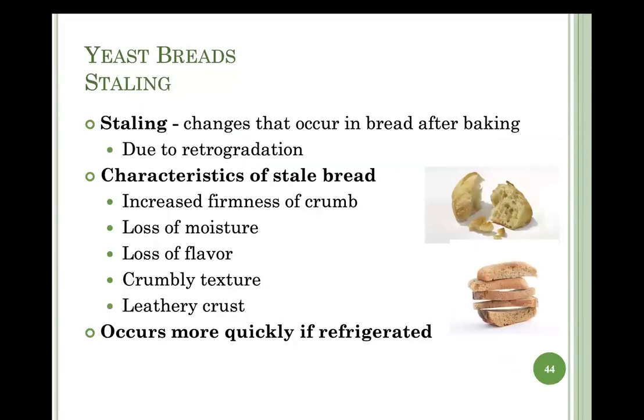I want to keep on going through these. Staling. We spoke about syneresis. We also spoke about retrogradation and weeping. This happens when you take your cooked breads or cooked wheat, flour product, from 375 to room temperature, and it starts letting go of water.